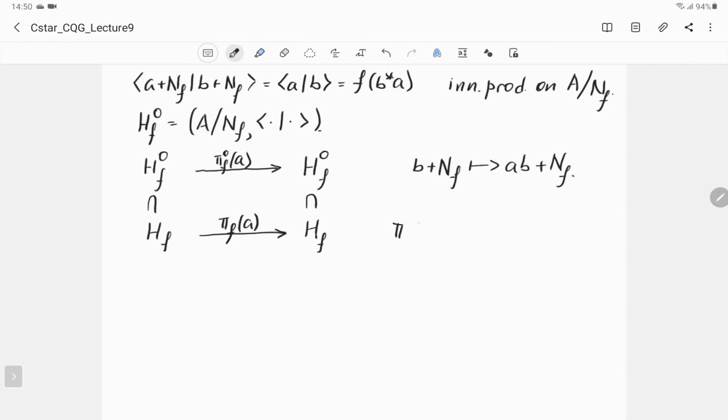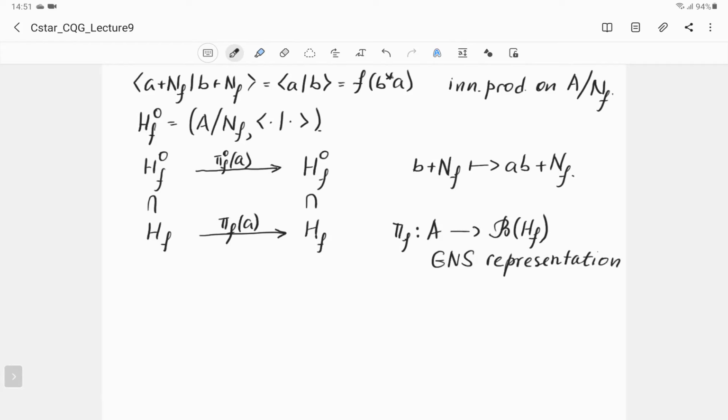So we get a map pi_f from A to the algebra of bounded linear operators on H_f. And this is the GNS representation of A associated to the functional f.